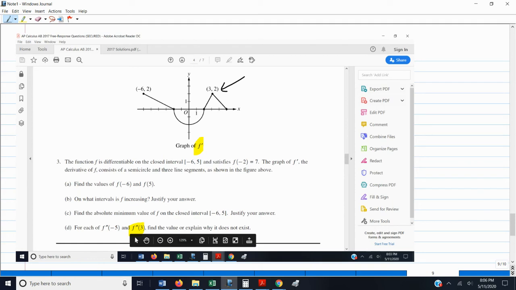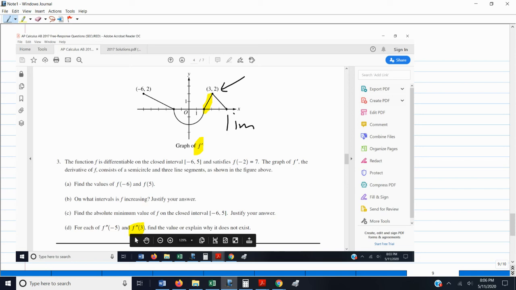And I understand why you're saying that, because I did not talk about left and right hand derivatives very often at all. But I think the gold standard response is to talk about the left-hand derivative does not equal the right-hand derivative. So if you're taking the derivative here, the slope of the tangent line is just going to be the slope of that line.